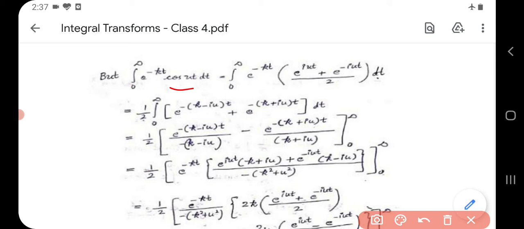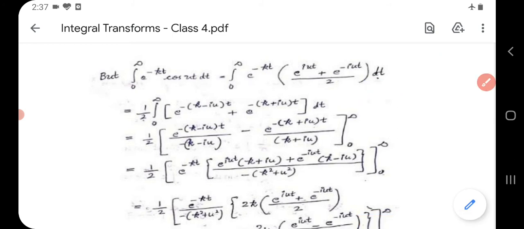That you have studied in complex numbers, right? So cos theta is written in this form, e raised to i theta plus e raised to minus i theta by 2. That is written here. 1 by 2 taken outside, 0 to infinity. Now this e raised to minus kt is taken inside, and then you group it.